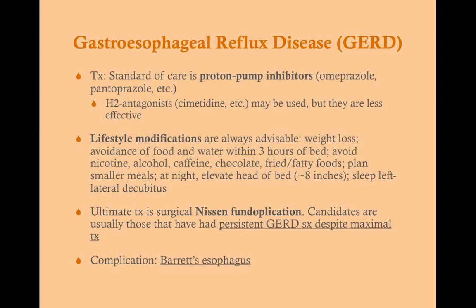And sleeping left lateral decubitus is advisable. And why is that? Because your lower esophageal sphincter opens up to your esophagus from left to right. So if you sleep on your left side, gravity is going to pull down the contents of your stomach away from the sphincter, and so that will help with your GERD at night.